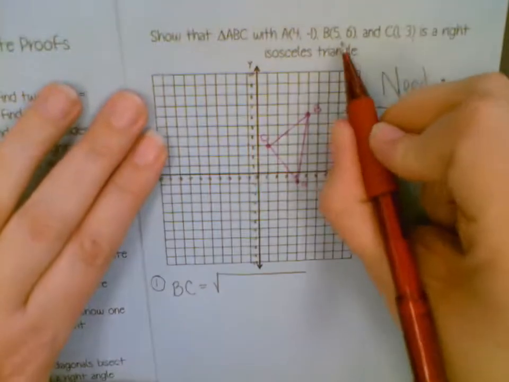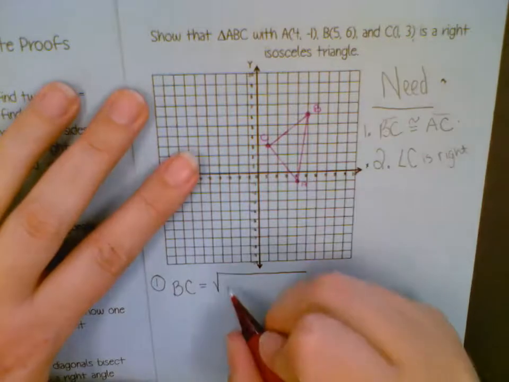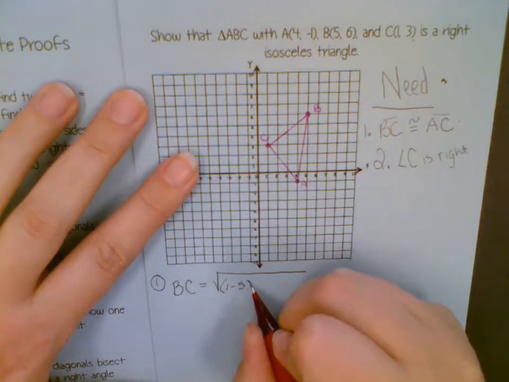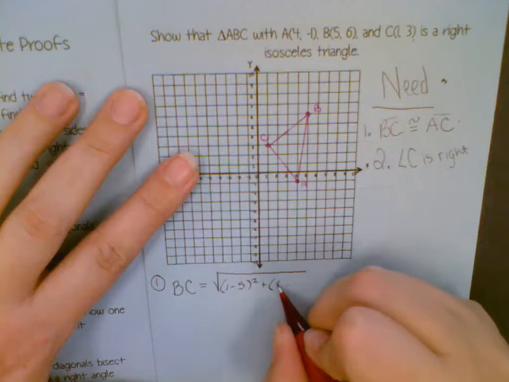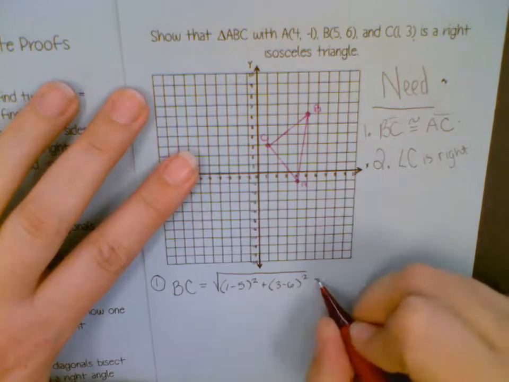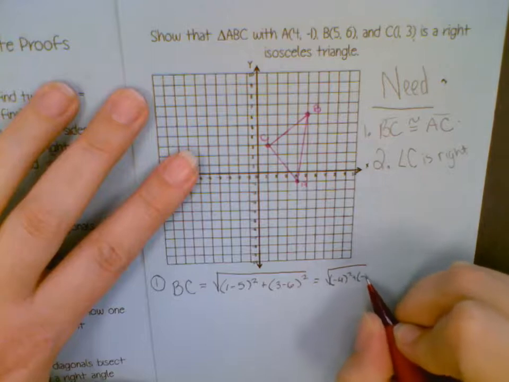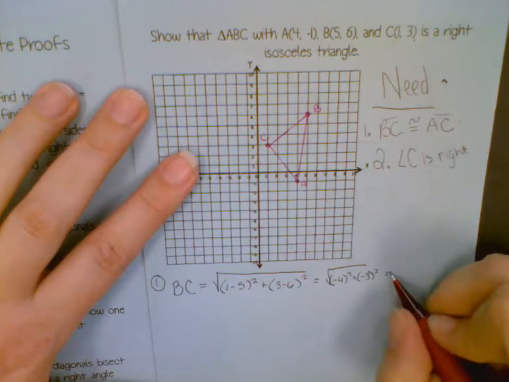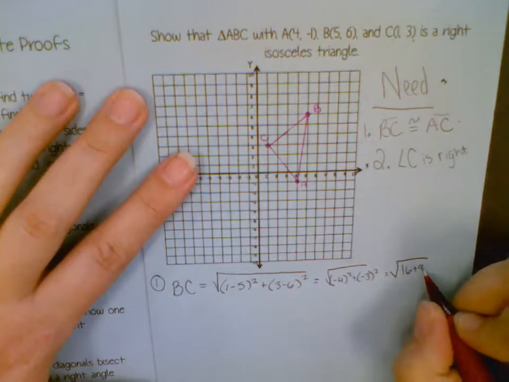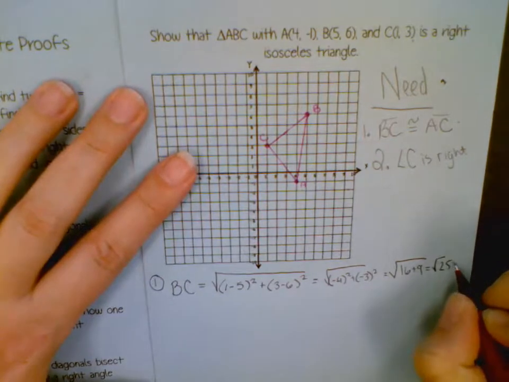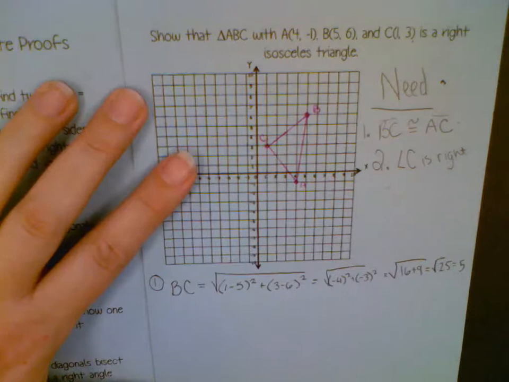So we're looking for the points for B and C. So the x-coordinates be 1 minus 5 squared plus 3 minus 6 squared. So negative 4 squared plus negative 3 squared. So we get the square root of 25, which is 5.